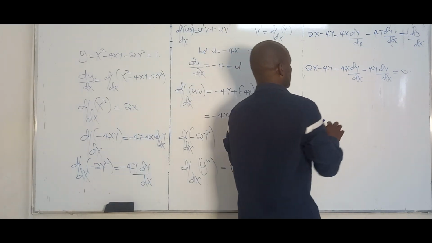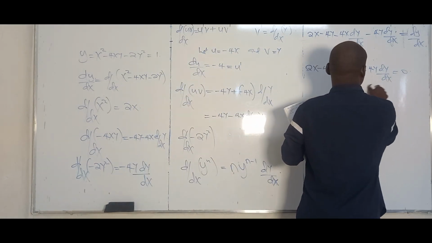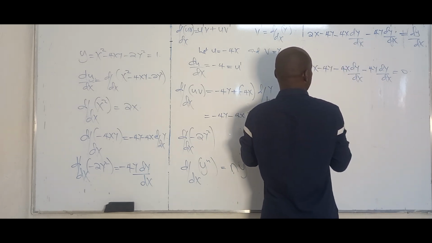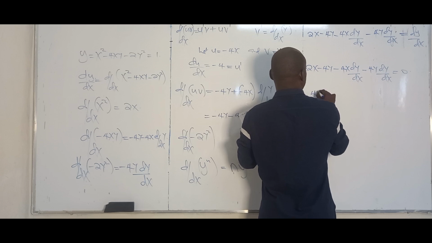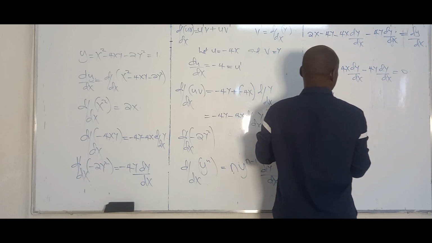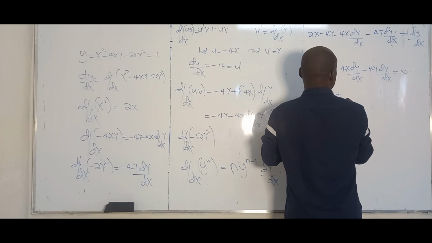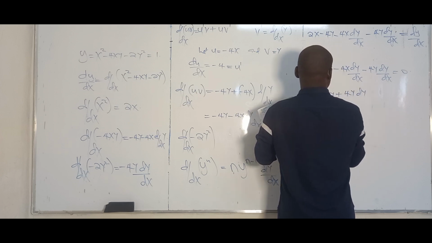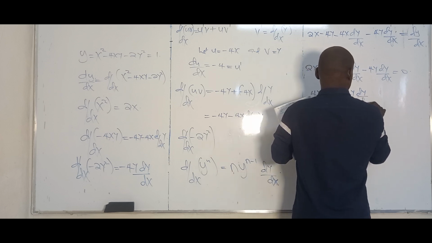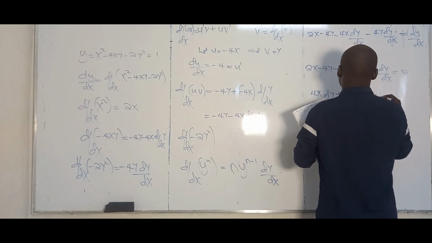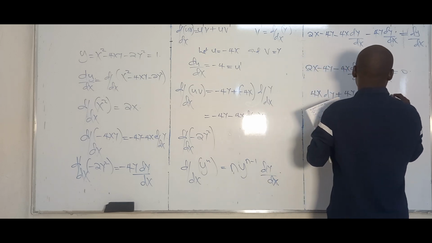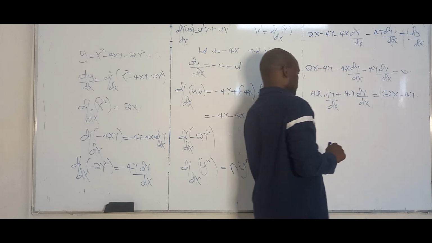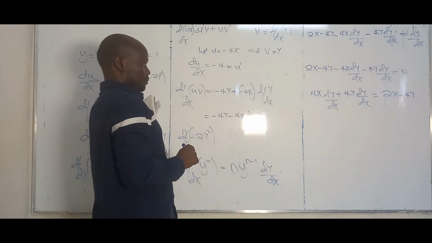So I collect the like terms. I want an expression for dy dx. So I will then say 4x dy dx plus 4y dy dx is equal to 2x minus 4y.